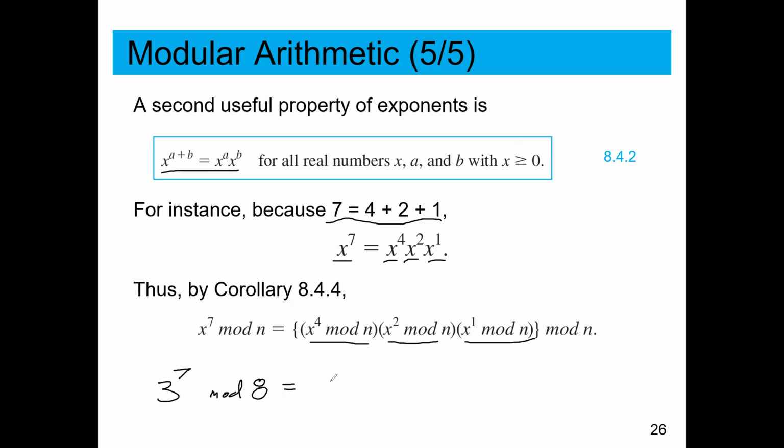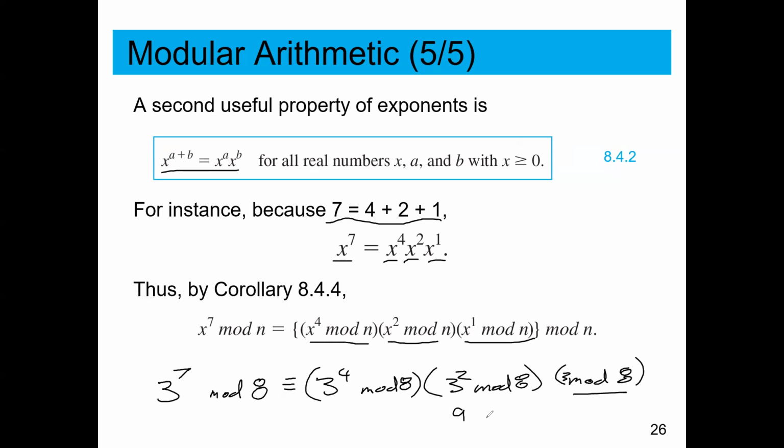Well, we know that this is going to be 3 to the 4th mod 8 times 3 squared mod 8 times 3 mod 8. Okay, 3, that one's easy. This one is 9 mod 8, which happens to be 1.